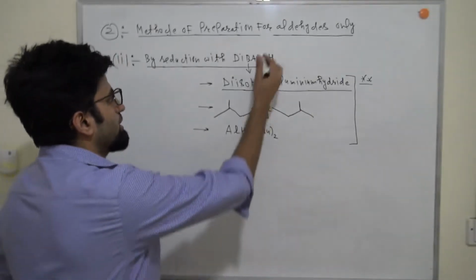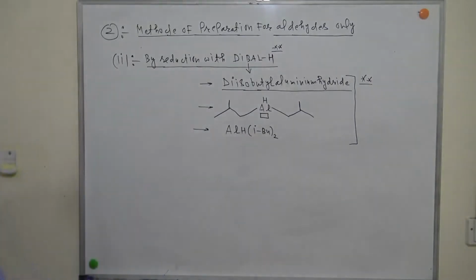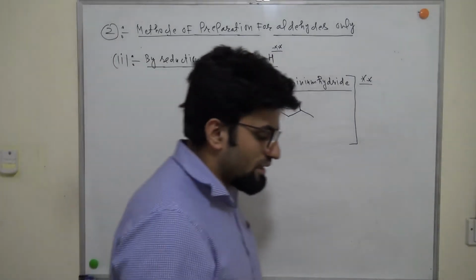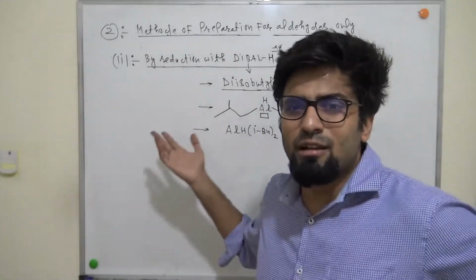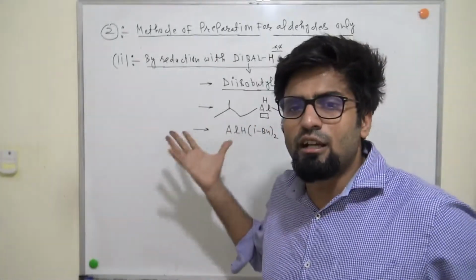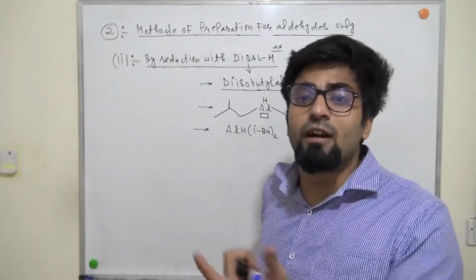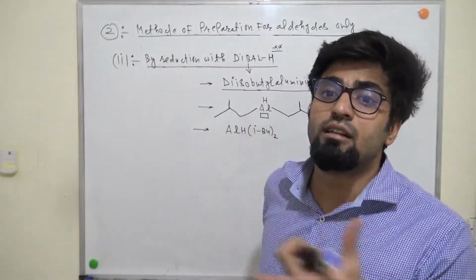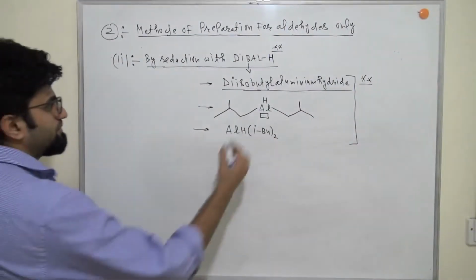But right now my focus is on DIBAL-H. With reducing agents you have to remember which kind of functional group they reduce. For DIBAL-H, I created a trick to memorize it. Otherwise, after some time you will forget what DIBAL-H does. So for DIBAL-H, remember this trick.